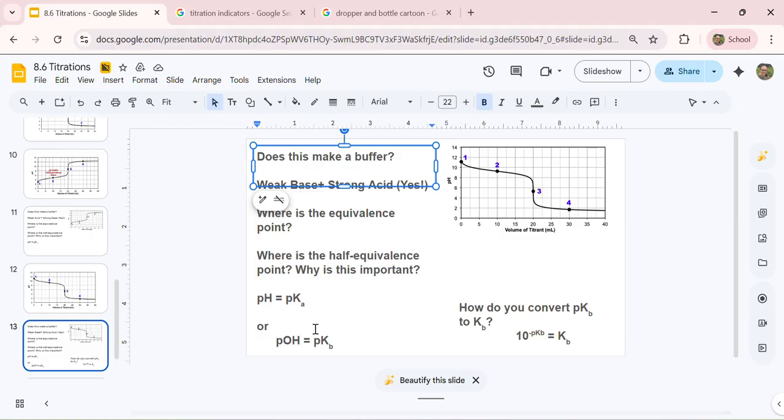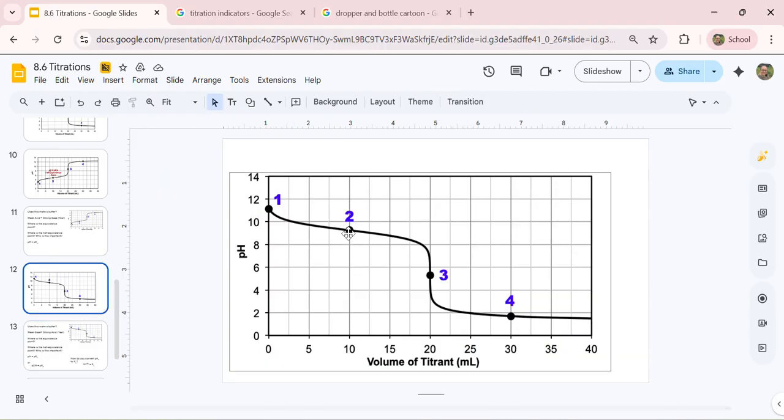Now, one of the questions on the quiz says, hey, what is the pKb? And you're like, wait a second. What you're going to have to do is use this information, use this same graph. What is the pH?